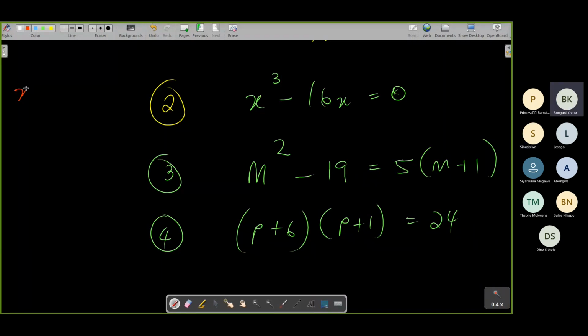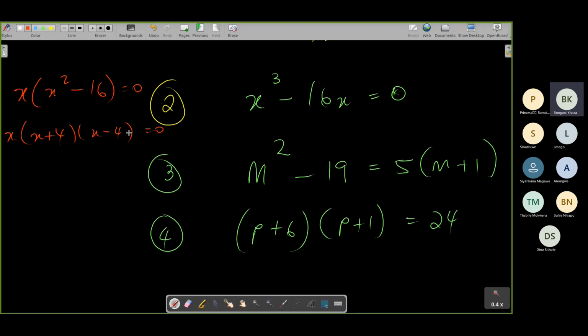So for this one, you're just supposed to have x into x squared minus 16 equals 0, x into x plus 4 into x minus 4, equals 0. So here you can say this guy can be 0. If this guy is 0, it means everything is 0. This bracket can be 0.